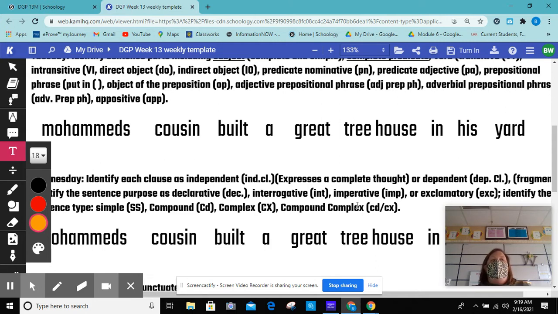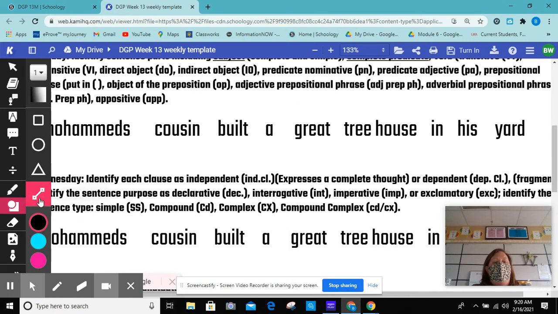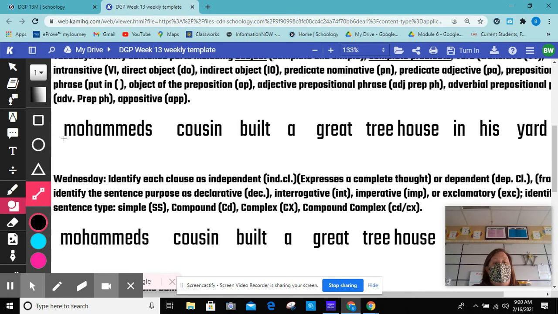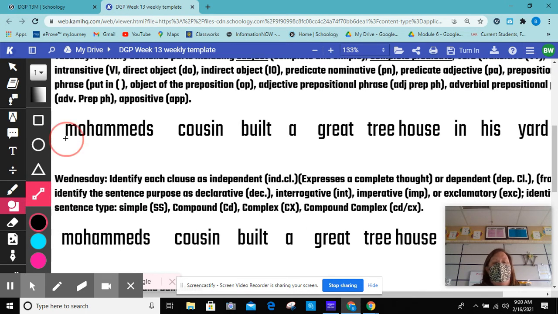Okay, the first thing I want to do is identify the simple subject and the complete subject and underline that one time. So who is this sentence about? Muhammad's cousin. So how many times am I going to underline Muhammad's cousin? Once.